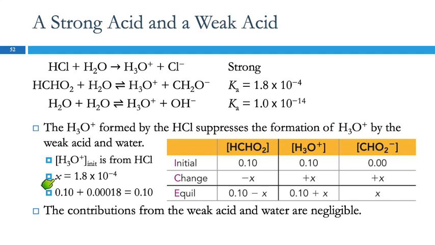We're going to end up with x here being 1.8 times 10 to the minus 4. And when we try to calculate the hydronium ion concentration at equilibrium, we add that to this. It doesn't matter because x is so small. So if you have a strong acid and a weak acid, you can ignore the weak acid.